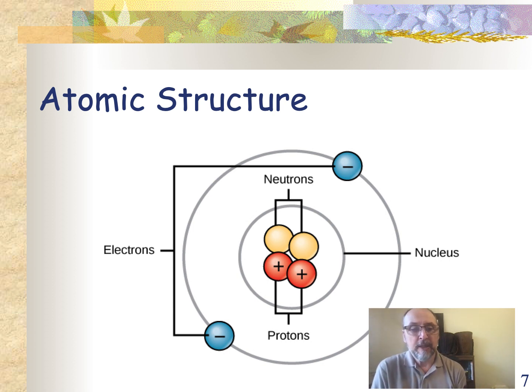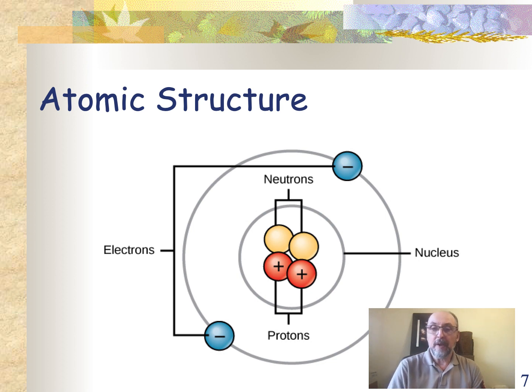What makes an atom of a particular type is the number of protons. So this is helium. All helium atoms have 2 protons. Helium can come in several different forms. That means it may have different numbers of neutrons. It may have different numbers of electrons, but if it's got 2 protons, it's helium.